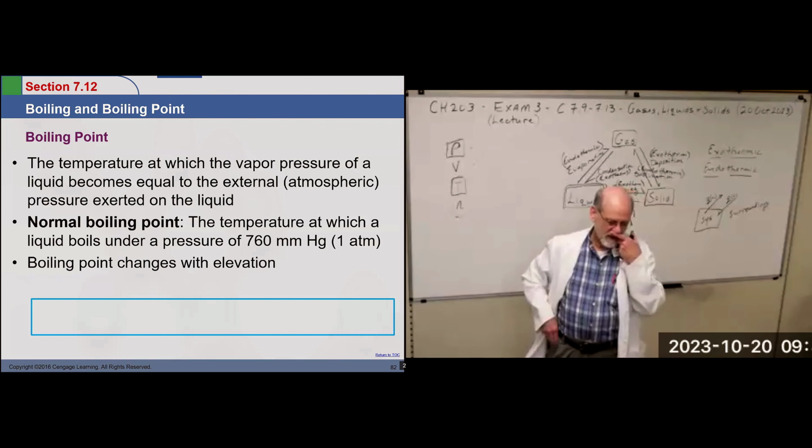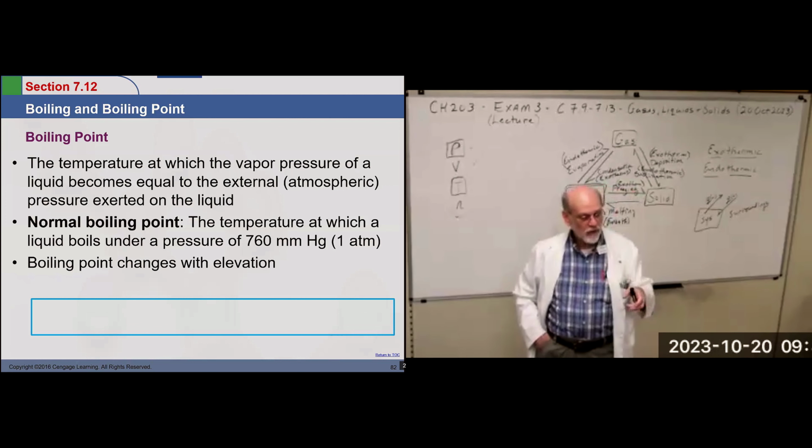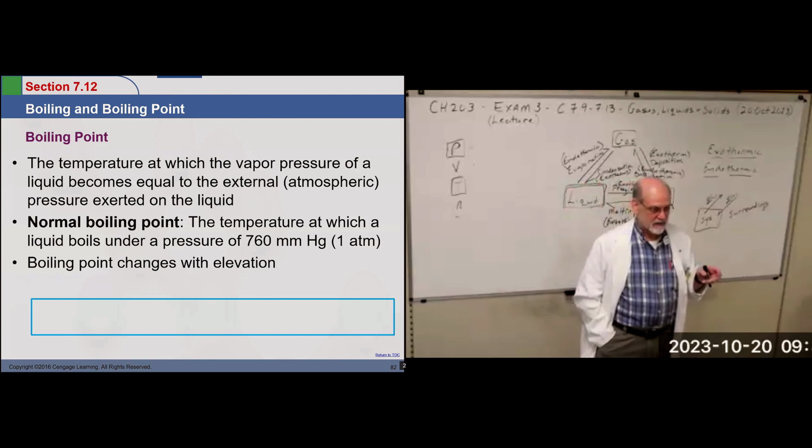Anyway, the normal boiling point is referencing the standard temperature and pressure. Well, actually, the temperature is dependent upon the substance, and the pressure is 1 atmosphere.